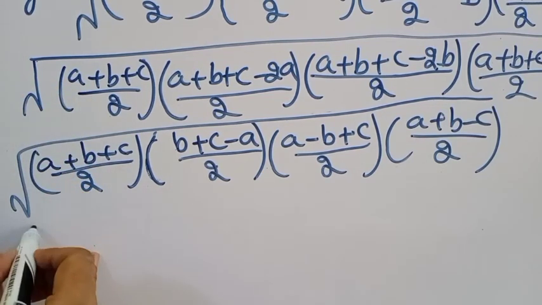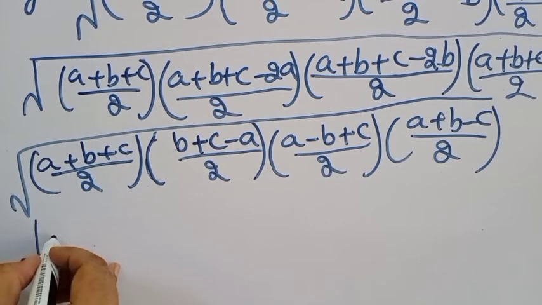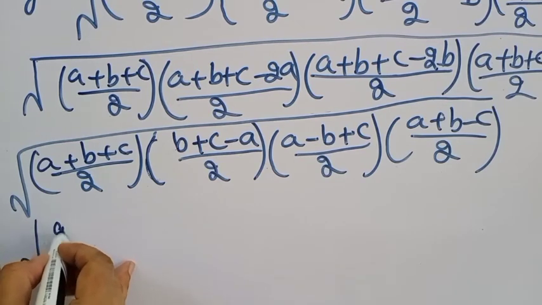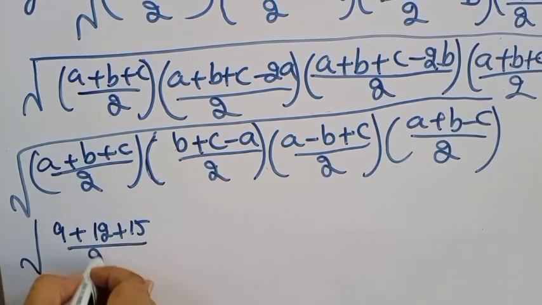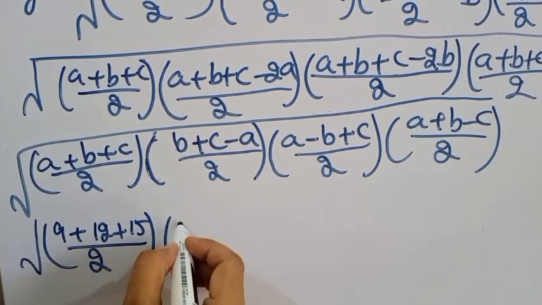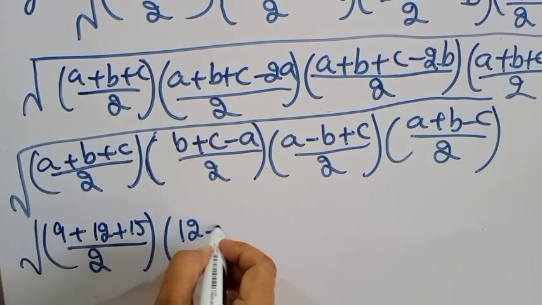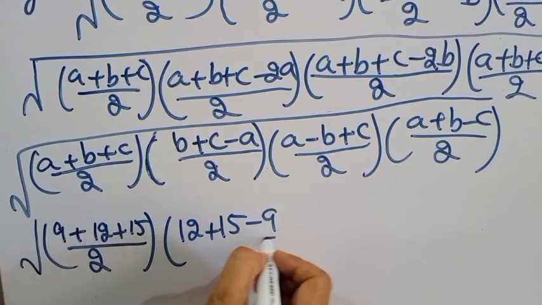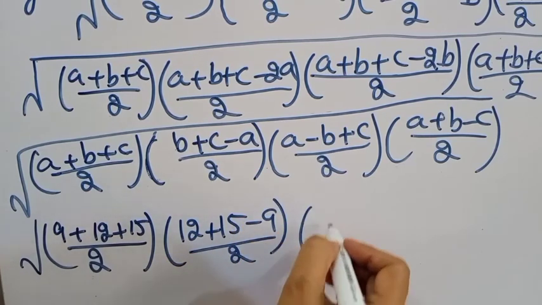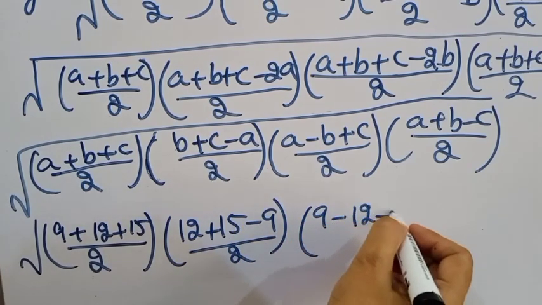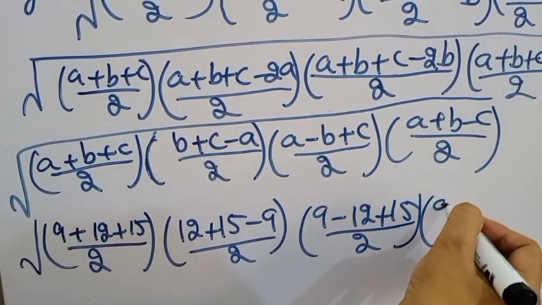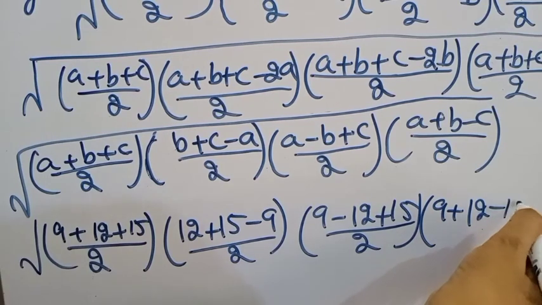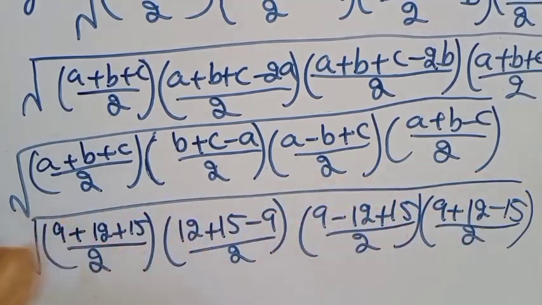We have A is 9, 9 plus 12 plus 15 divided by 2, 12 plus 15 minus 9 divided by 2, 9 minus 12 plus 15 divided by 2, 9 plus 12 minus 15 divided by 2, and this is under the root.